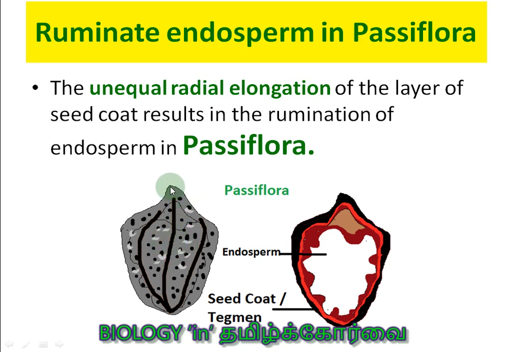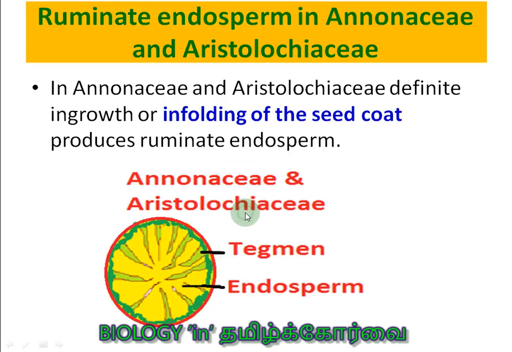So that much you are able to get as a concept. And here the rumination of endosperm in Passiflora is due to the seed coat growing into the endosperm. Are you clear? So it gives an uneven appearance of the seed.